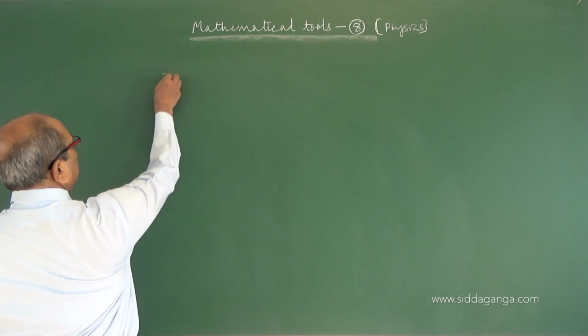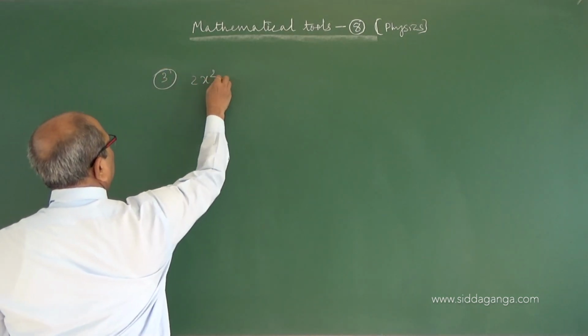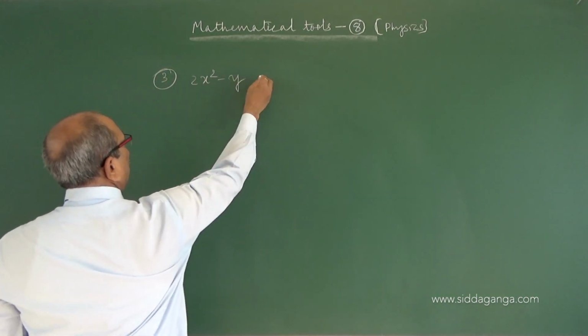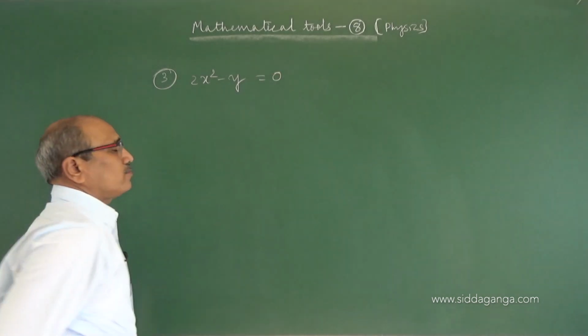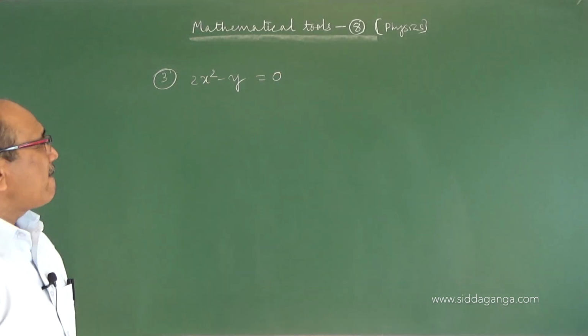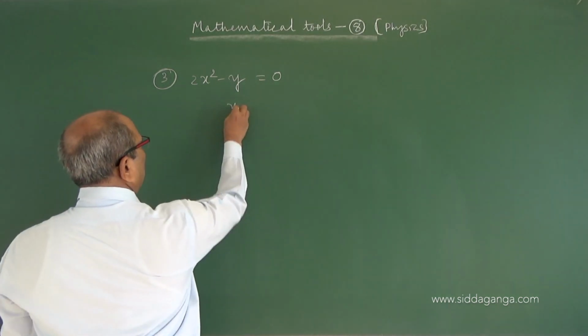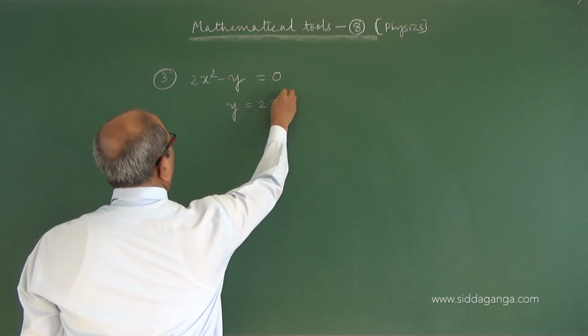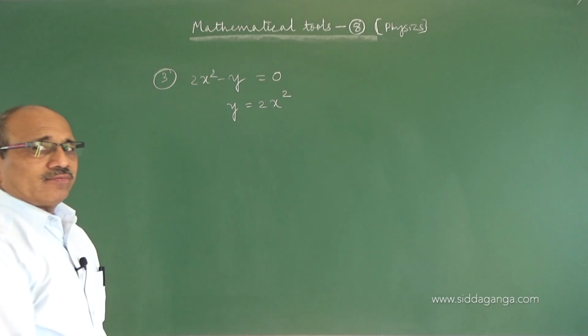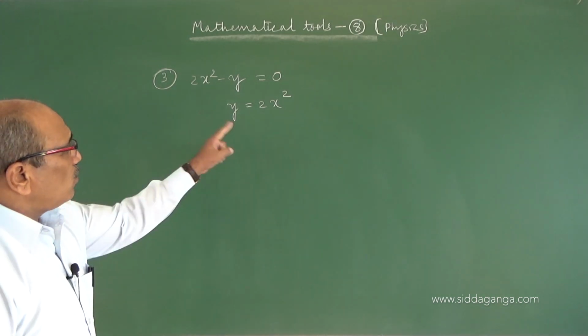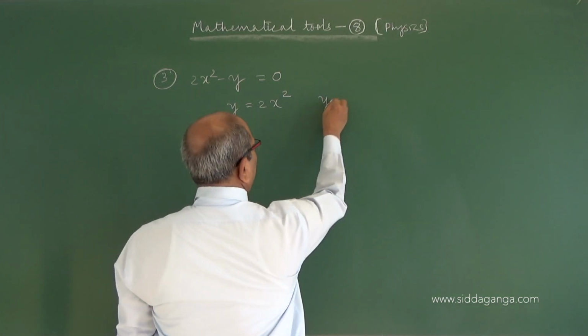Next, take the example 2x square minus y equal to 0. If you write y equal to 2x square, y equal to ax square is one formula.